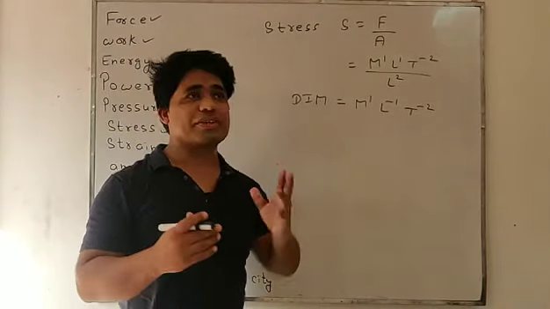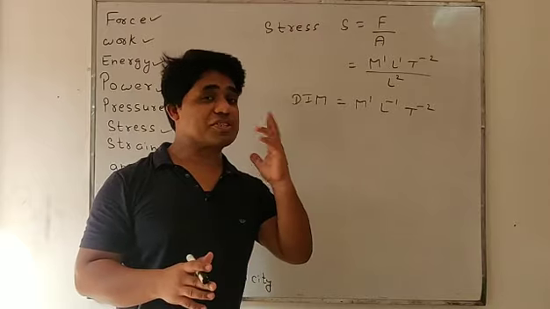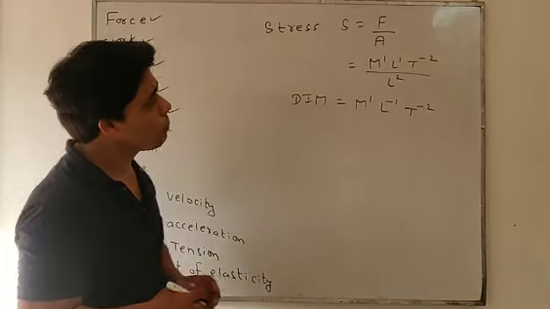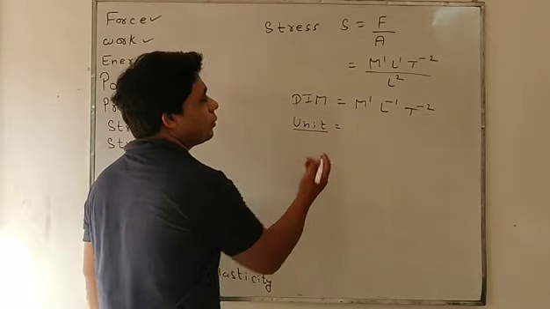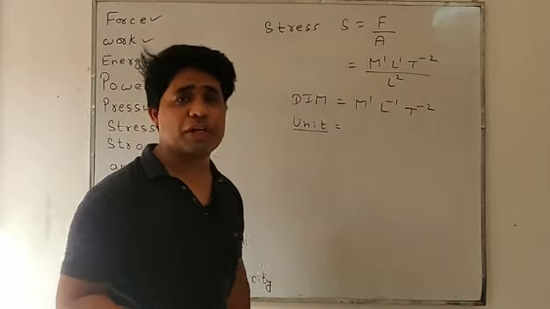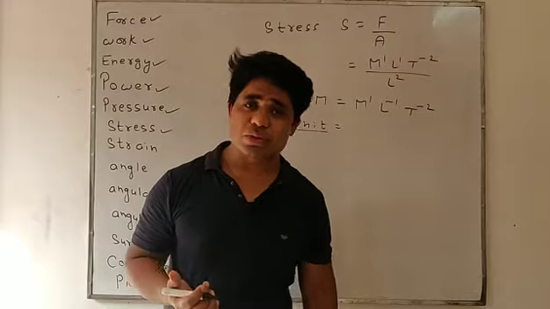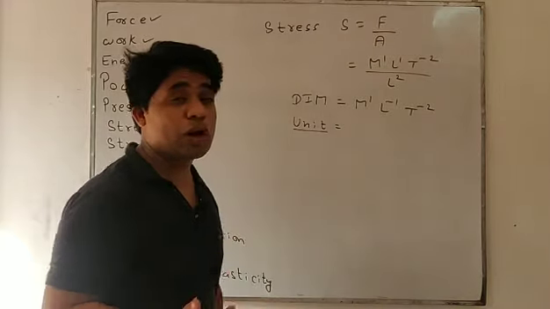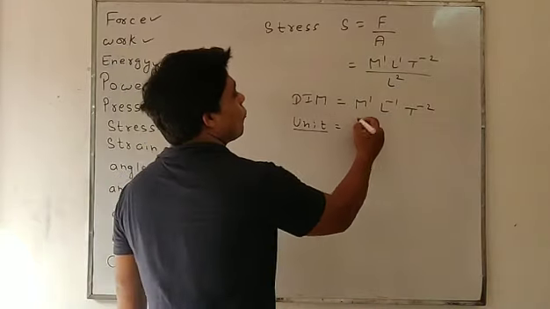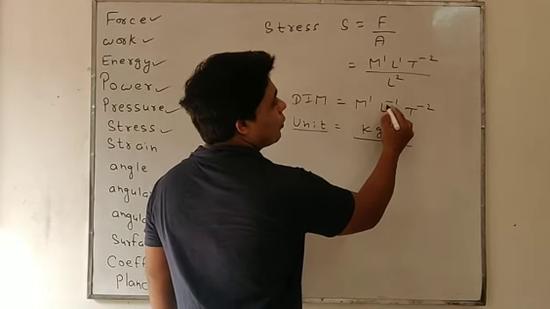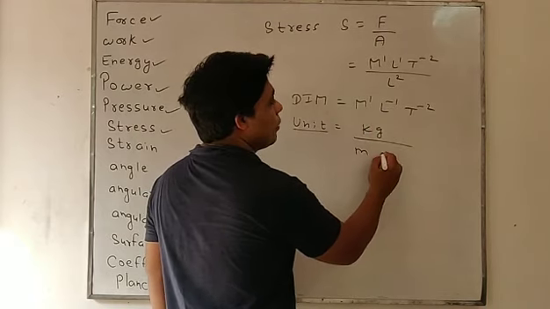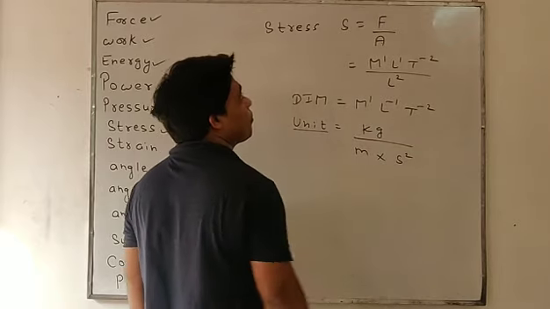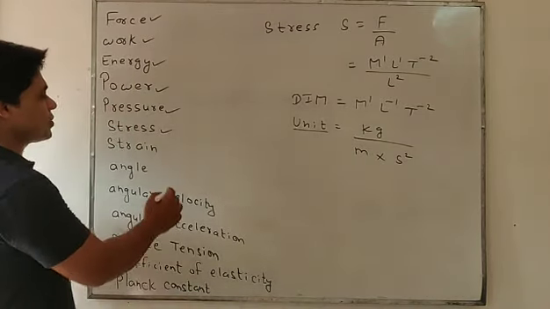That is related to elasticity. We'll discuss it in chapter number 9 in 11th class. The same unit we can write. For finding the unit we always use a single system, that is MKS. M for meter, K for kilogram, S for second. For mass we use kilogram. Minus terms come in the denominator, L minus 1 meter and second square. Stress is similar to pressure.